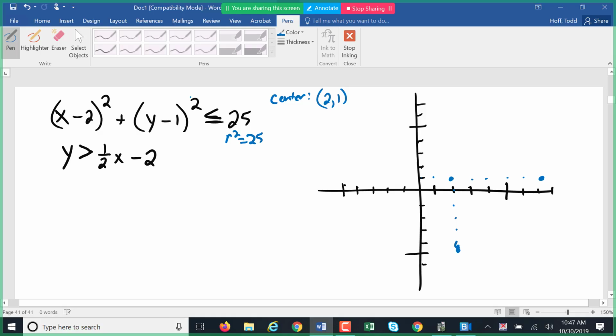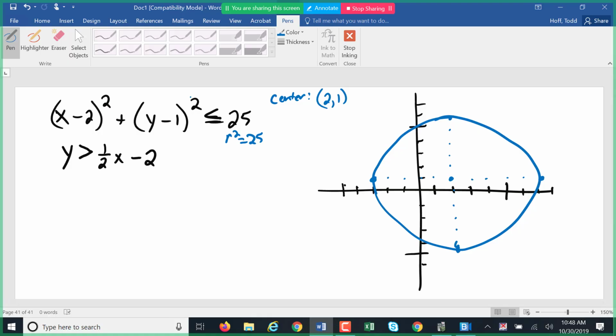Why are my scales way off? It is less than or equal to, so it is a solid curve. Pretend that looks like a circle and not an oval. A really ugly oval at that.